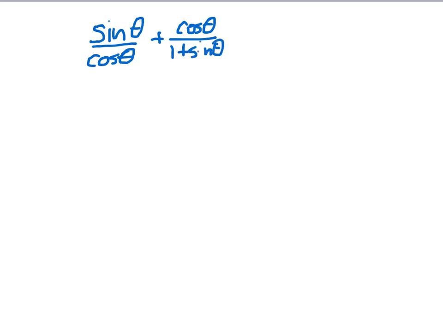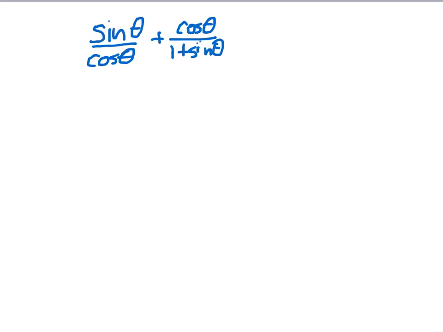Once again we have an addition of fractions. So instantly looking for common denominators, and what I see here is we got cosine theta on the left, 1 plus sine theta on the right, and so our common denominator is going to be a multiplication of those two.